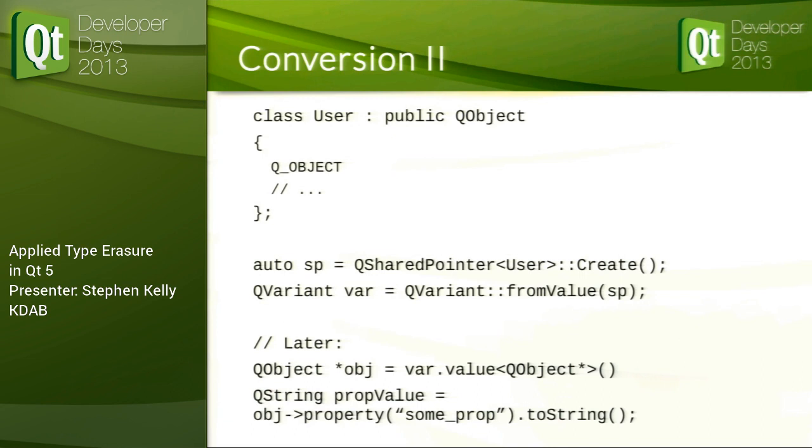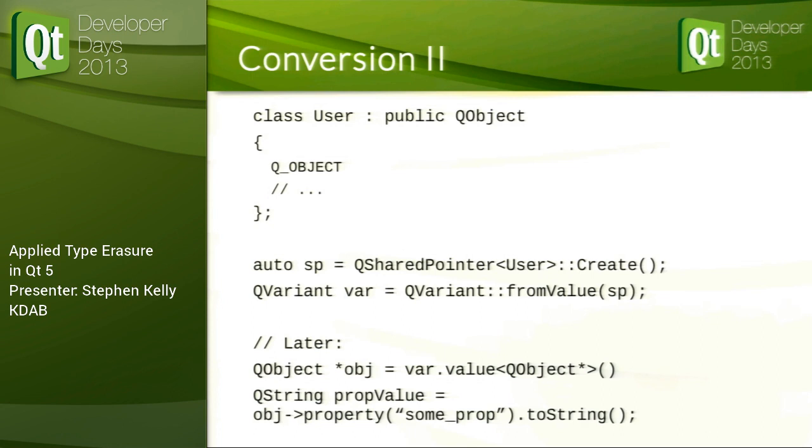And you saw in the code that I showed at the beginning that I was using a QSharedPointer to a user. Here, just for conciseness on the slide, I'm also using the auto C++11 keyword. And as usual, whenever we're putting a custom type into a QVariant, we use fromValue, and we just pass the object. And then later, inside of my text templating code, all I did was call the value method, specifying the template type as QObject star.